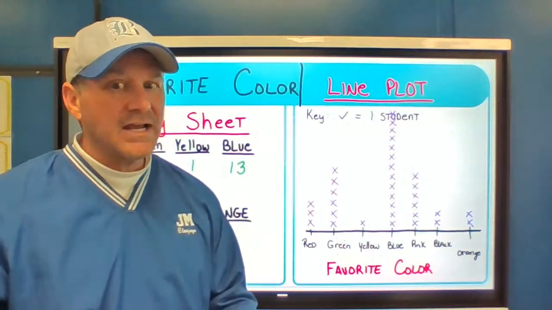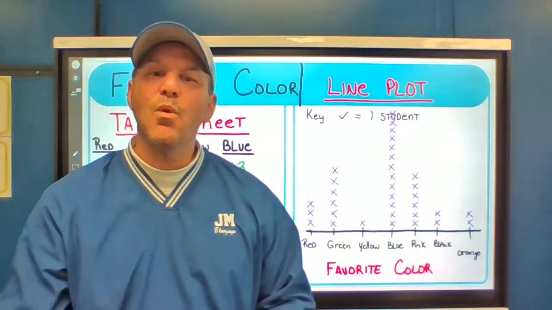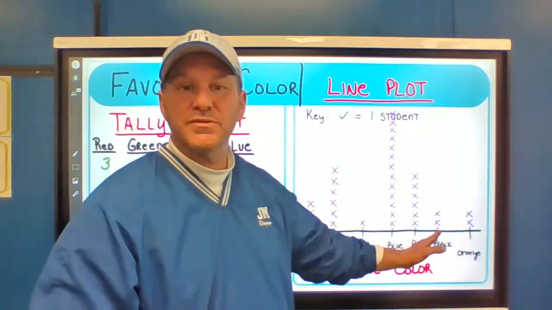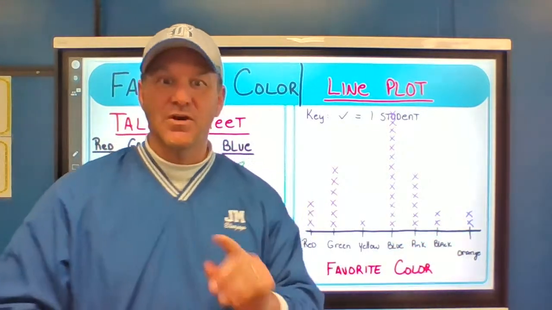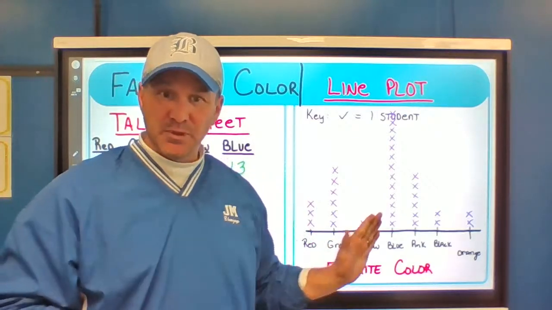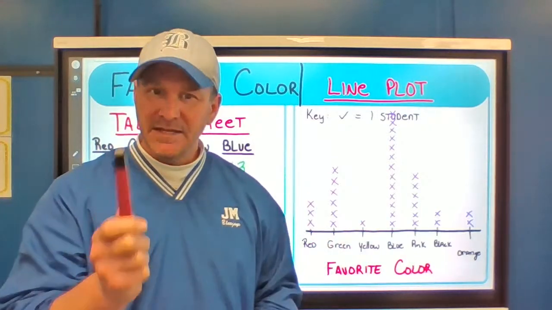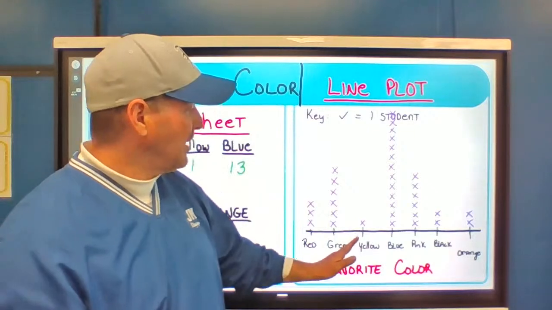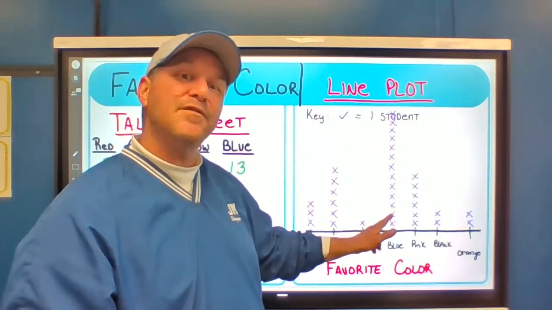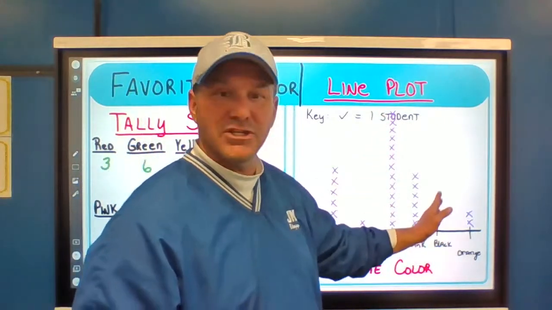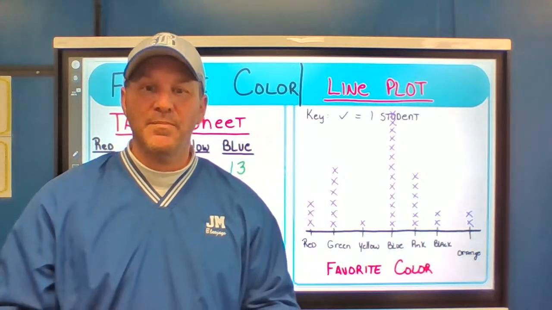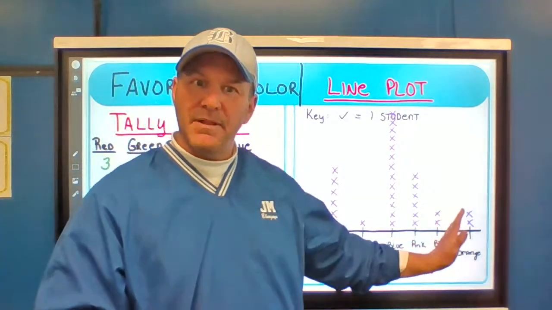I can even ask the question, how many more people chose blue than chose black? If I want to find the difference of how many students chose blue over black, difference being the key word, I would take 13 students chose blue, and the difference between 13 and 2 is 11. So 11 more people chose blue than black.